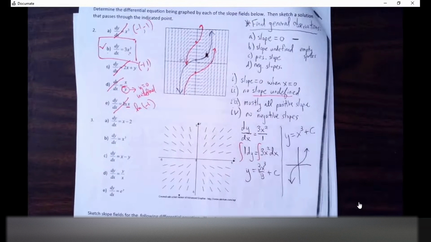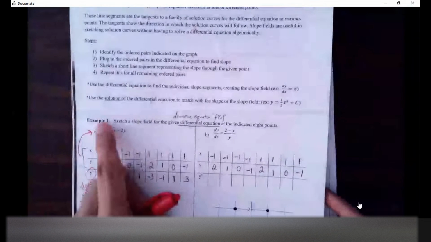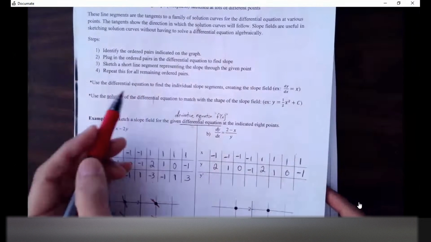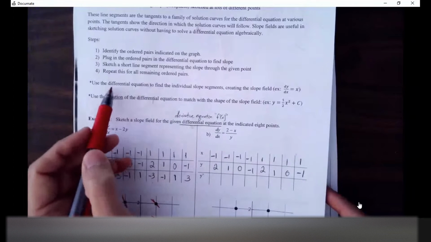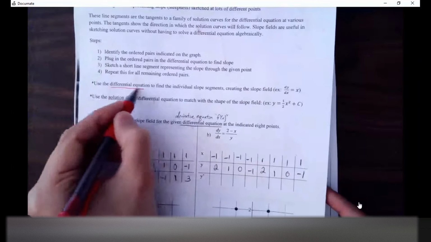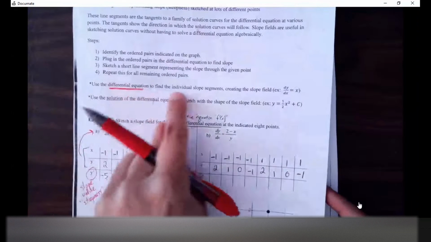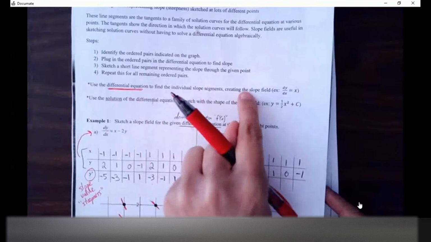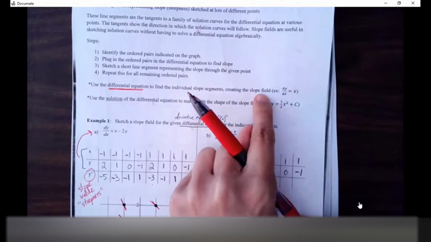So now I want to go back and talk about the two statements that I skipped over. On the first page, I skipped over these two statements, but now we can have a better idea what this means. If we're at the differential equation level, which means that we're at the derivative level, we can use that to find individual slope segments, which is how we create that slope field.